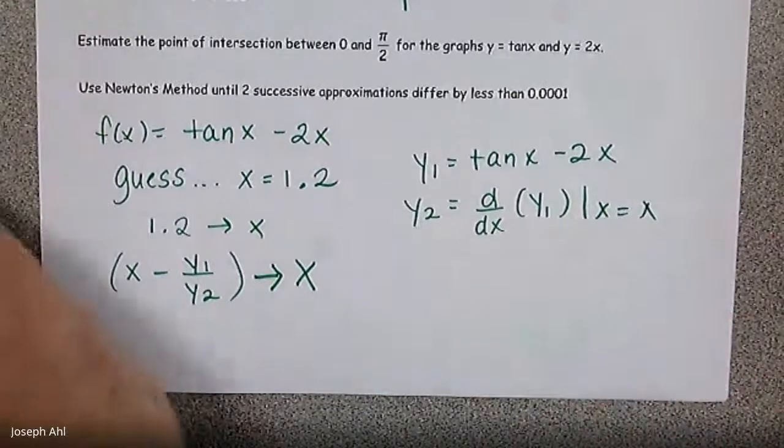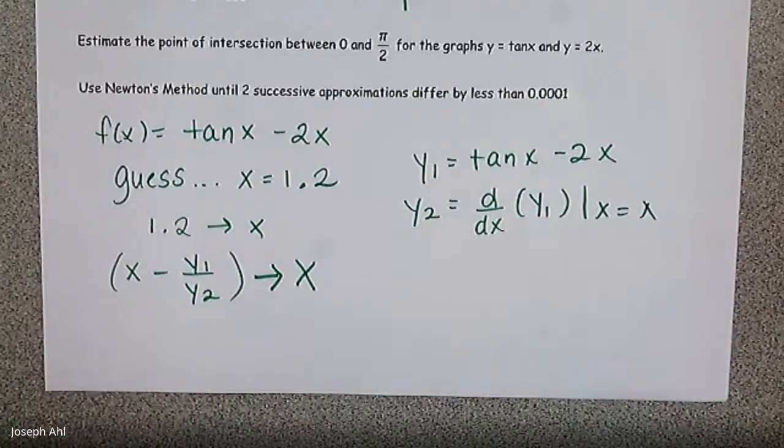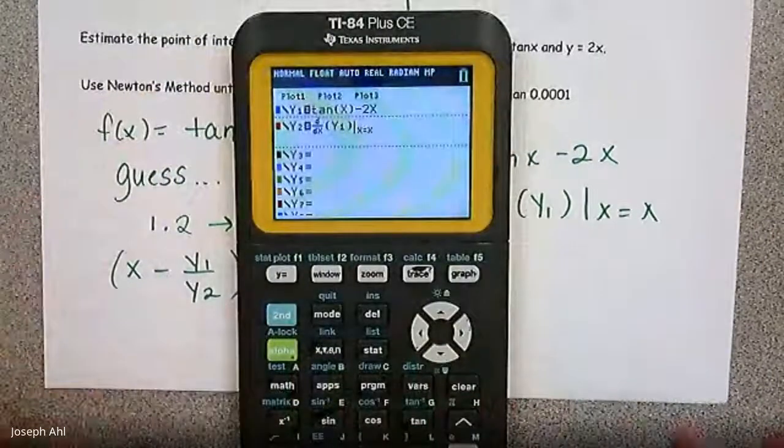So go ahead and enter that. Make sure you're in radians. Minus 2x, y2 is my derivative, math 8. Okay, so now I've got that typed in.